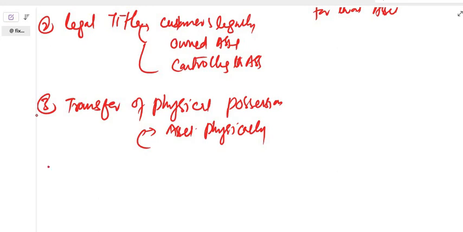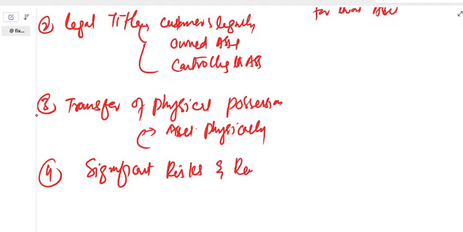And number 4, significant risk and rewards. If you transfer control of the asset to the customer, you are not bearing any risk and reward, and the customer bears the risk of damage, losses, and any obsolescence.